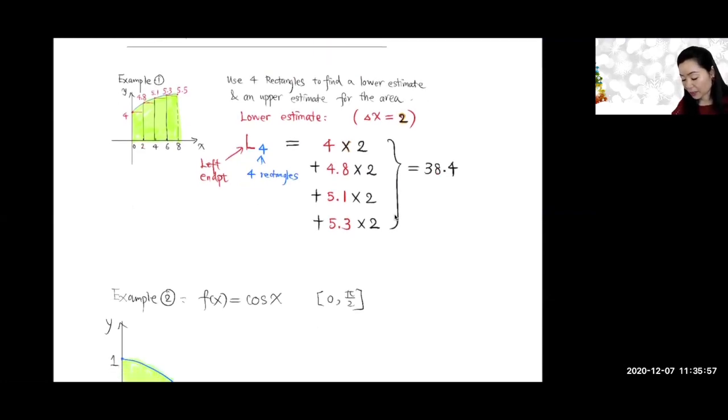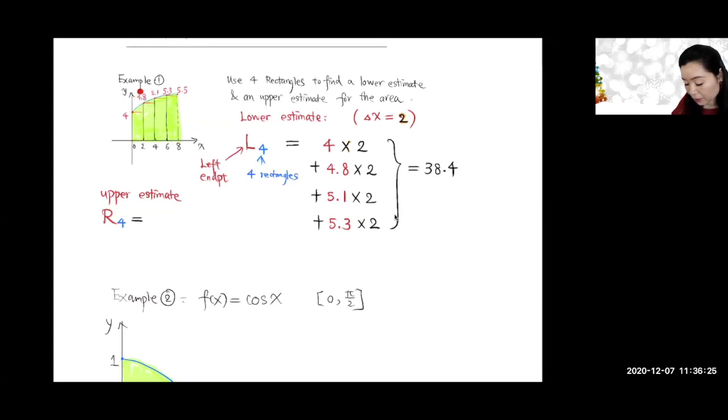What about the upper estimate? This time I will use the right endpoint. Similarly, on this subinterval, I will take the right endpoint, and the y coordinate is this.